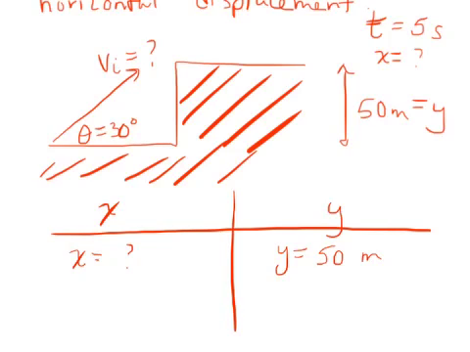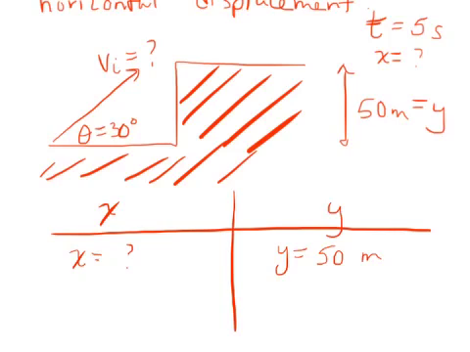Now, a question for you, and you'll see this on your test. If the object had been launched from the cliff to the ground, what's y? Negative 50, because you started at the cliff, and remember y is really delta y. It goes down, negative.